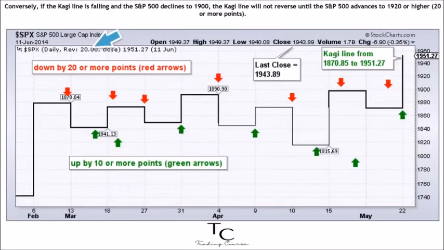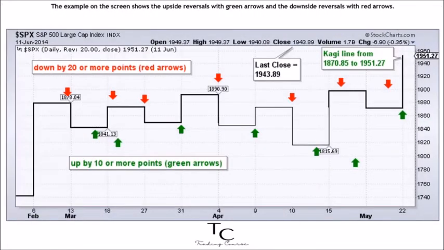Conversely, if the Kagi line is falling and the S&P 500 declines to 1900, the Kagi line will not reverse until the S&P 500 advances to 1920 or higher, 20 or more points. The example on the screen shows the upside reversals with green arrows and the downside reversals with red arrows.